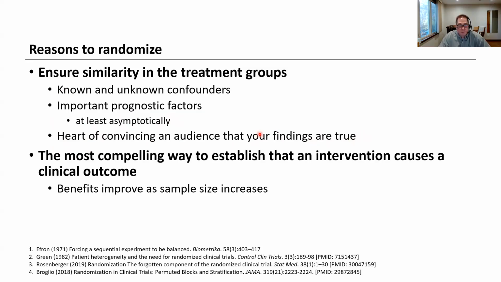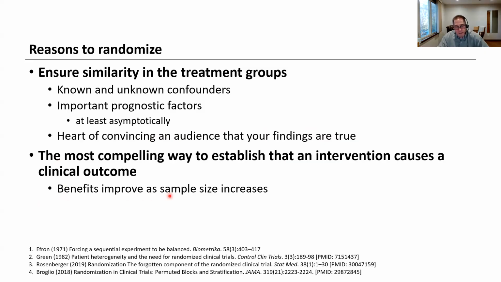If you're trying to change the standard of care, or make people believe that your experimental arm was effective, then you have to have some way of convincing them that there are no confounding effects in your treatment estimates. Randomization is the most compelling way to establish that an intervention causes the clinical outcome. This is a causal analysis because we randomized. If you don't randomize, you can't claim that directly, right?